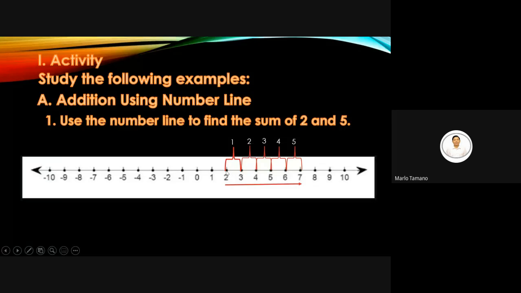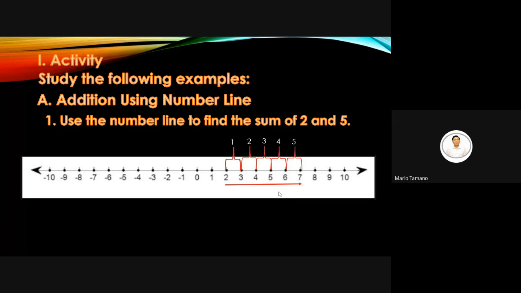Once you find it, you move 5 places to the right. Where did you stop? At point 7. So the answer is 7.